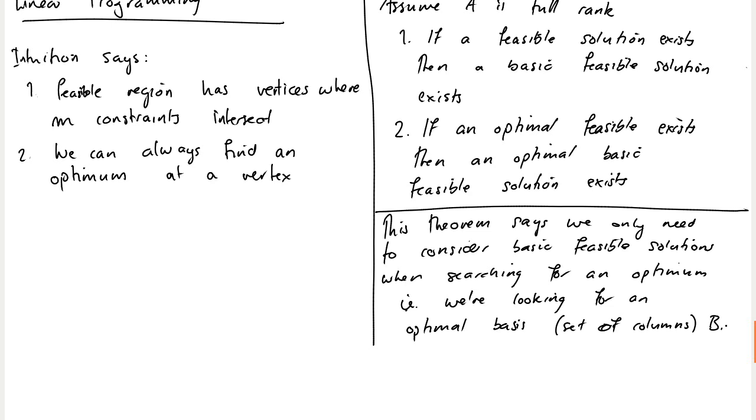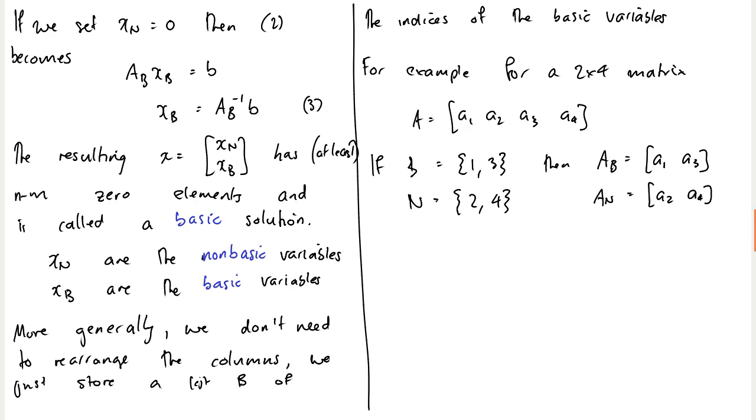It says if we've got a basic feasible solution, that will correspond to a particular choice of columns of A. If you flick back to the previous slide, when we're finding this solution in equation 3, we have chosen m columns of A in our basis B, and we can solve for that and get ourselves a solution.